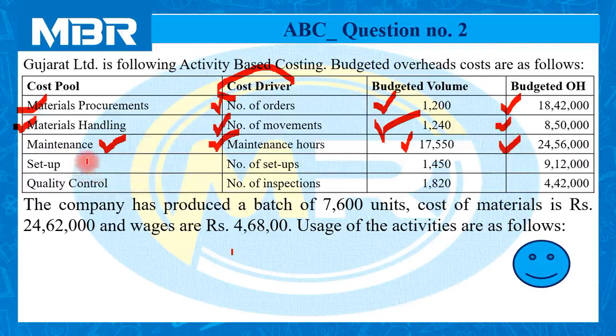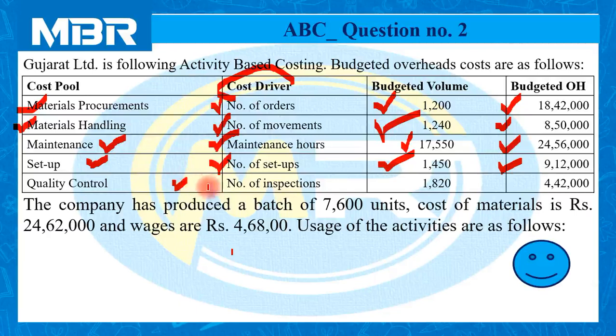The fourth activity is setup, based on the number of setups. This information is readily given to us in the question. Budgeted volume 1450. It means 1450 setups are expected during the year and the budgeted expenditure on setup related activities is rupees 9,12,000.